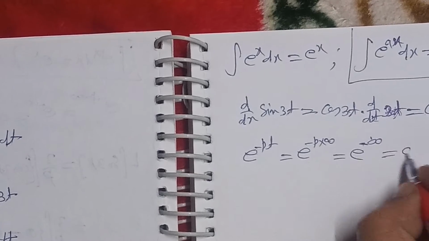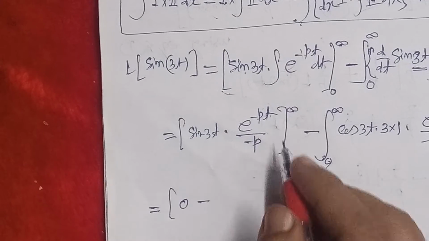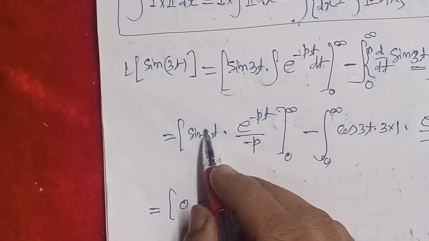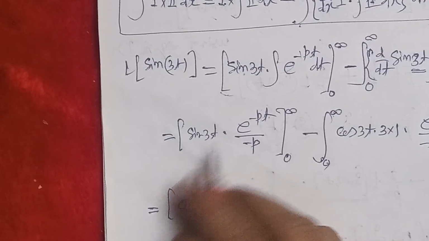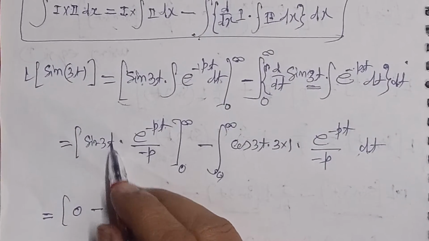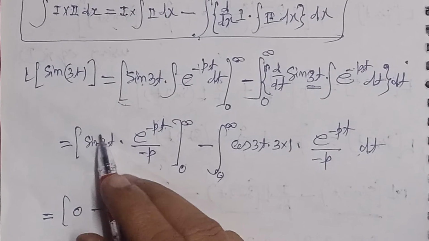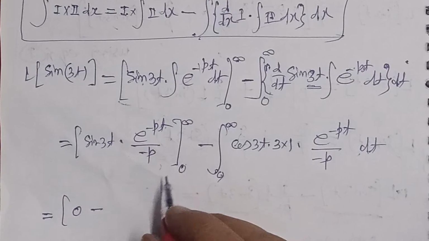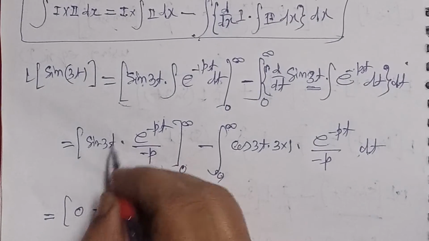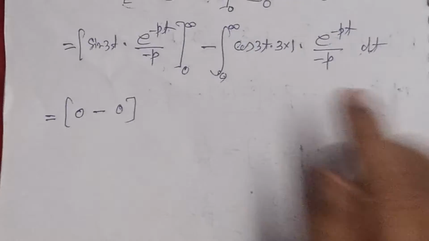E to the power minus infinity is 0. So upper limit is 0, and also write lower limit by putting the value of t equal to 0. t is equal to 0, 3t is equal to 0, and sine 3t is 0, because sine 0 is 0. So upper limit and lower limit both are 0.